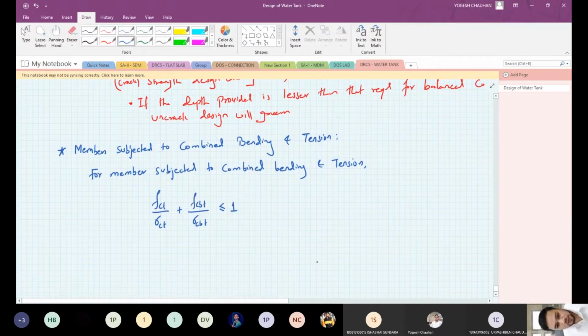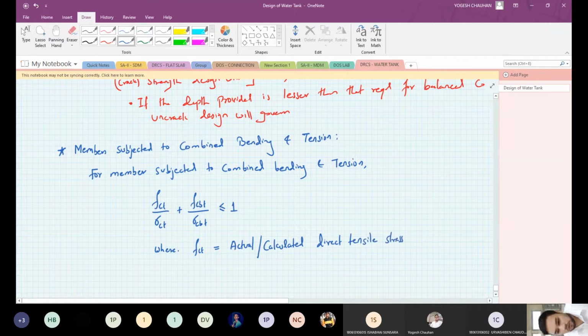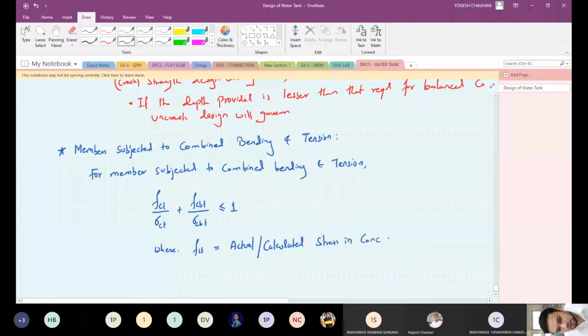Here σcat is the actual, or we can say calculated, direct tensile stress in concrete, or we can write this as calculated stress in concrete due to direct tension.